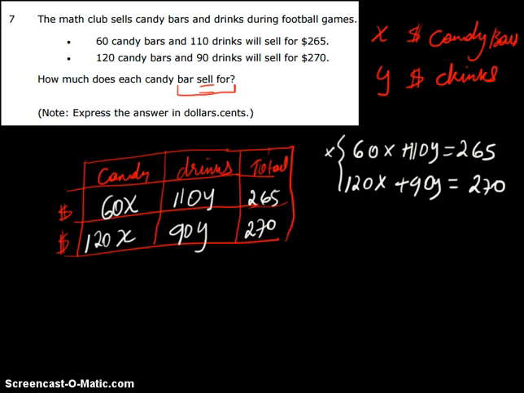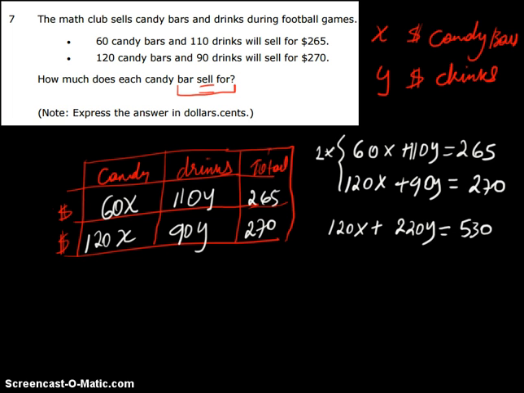So we're going to multiply the top equation by 2, and we would get 120x plus 220y equals 530. When we multiply 265 by 2, we get 530.